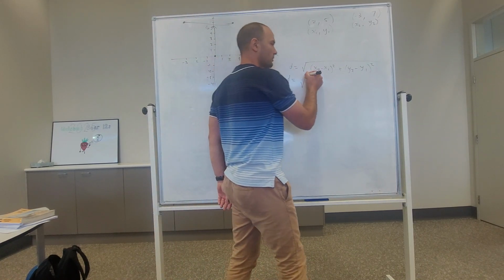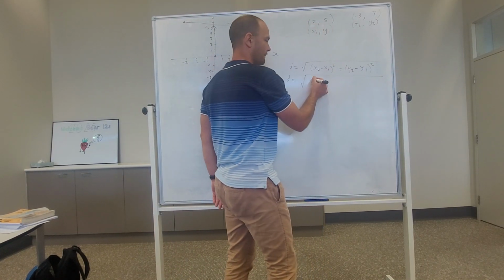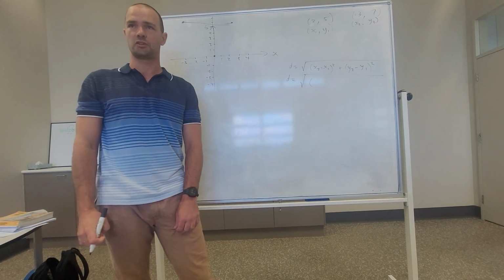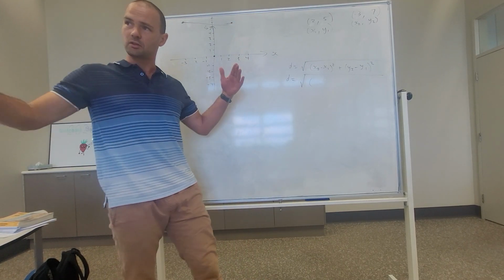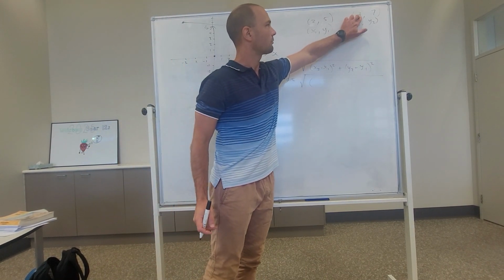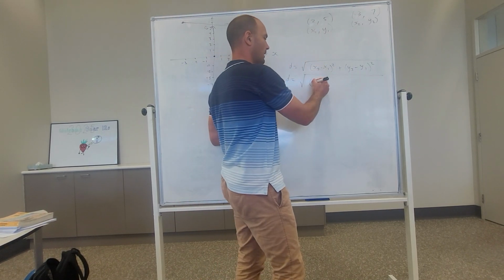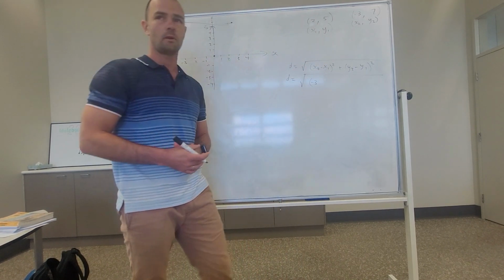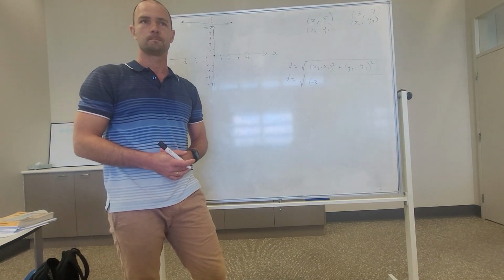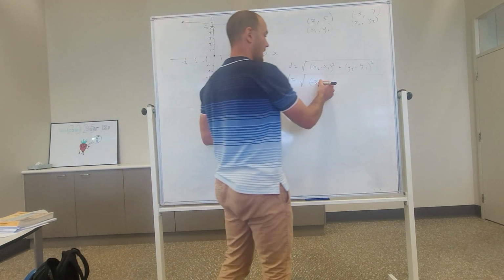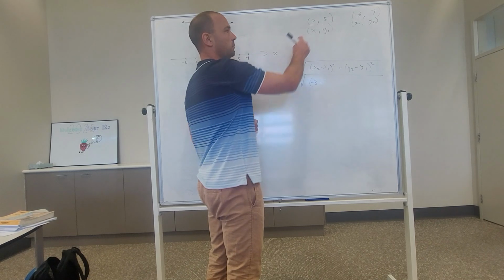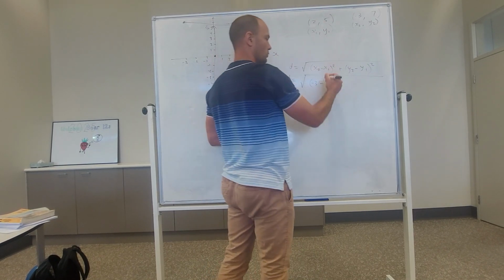The square root of, and we have in brackets, x2. Now, all of x2 is minus 3. Okay, the negative belongs to it, so we're putting minus 3 in the brackets here. We have minus 3 for x2. Take away x1. What's the value of x1? x1 is 2.